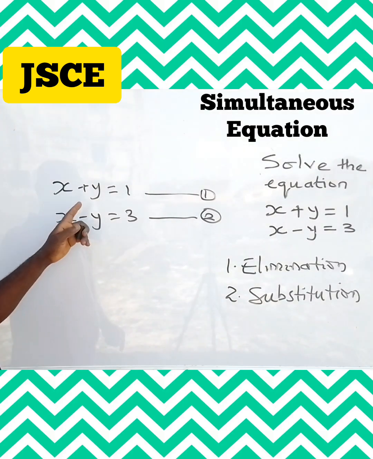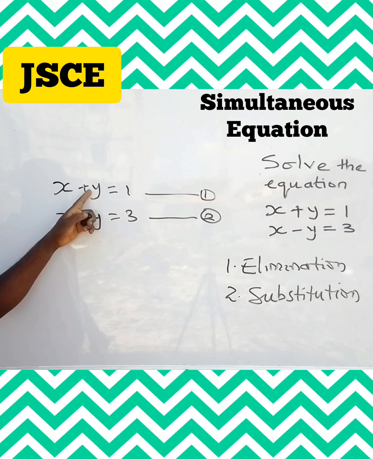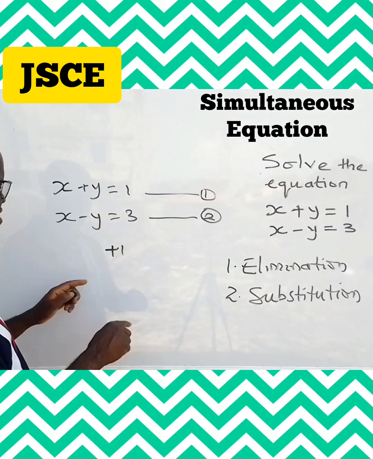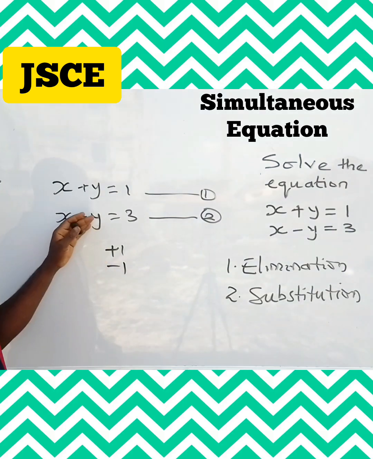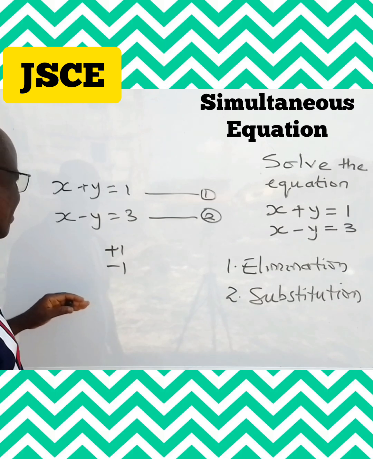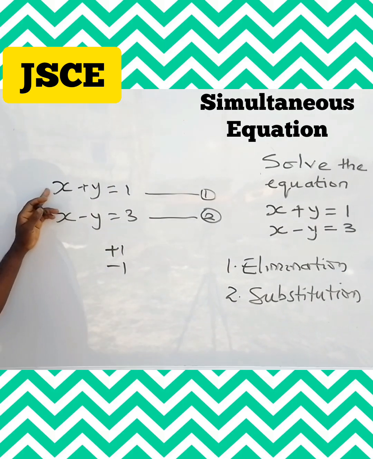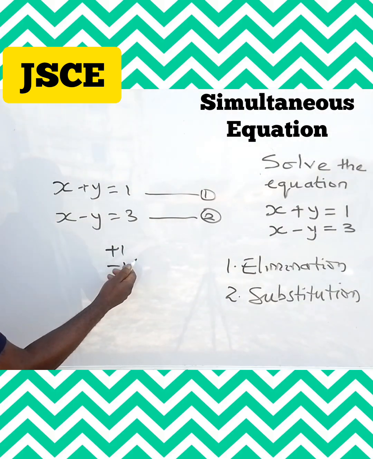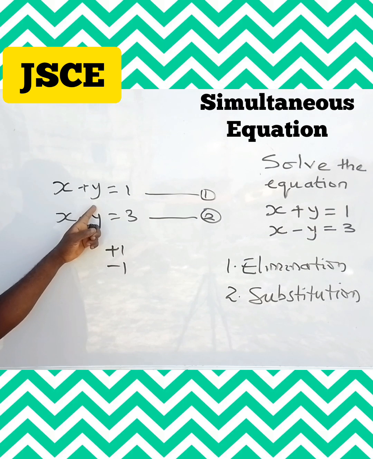Now, for example, the coefficient of y here is plus 1. The coefficient of y here is minus 1. So you can use the elimination method. You can use it, and then you get the answer. The same thing here, the coefficient of x here is 1. The coefficient of x here is 1. So it now depends which of them you want to use. So let me eliminate y.